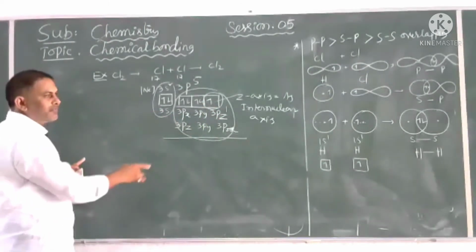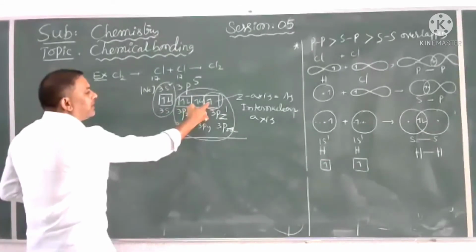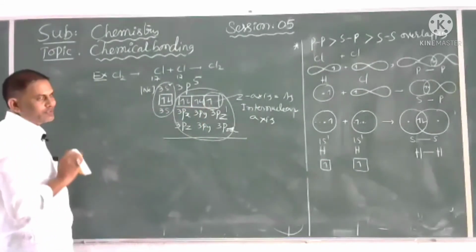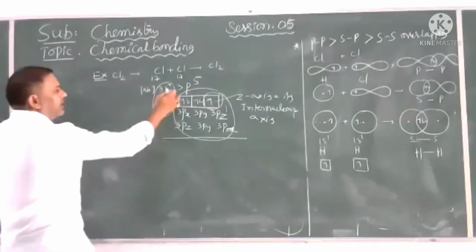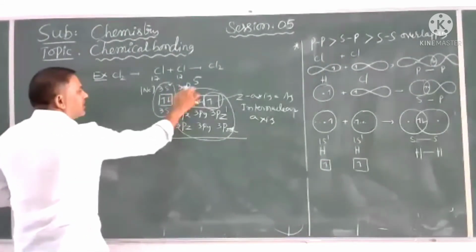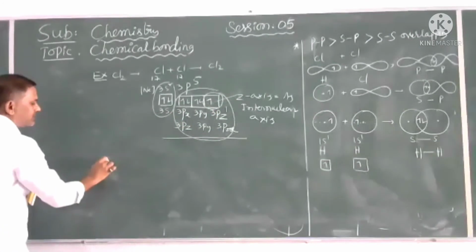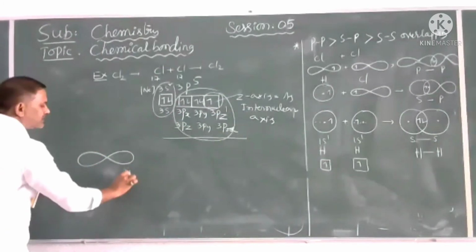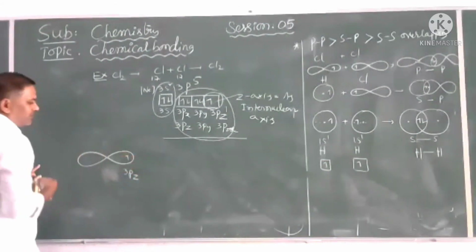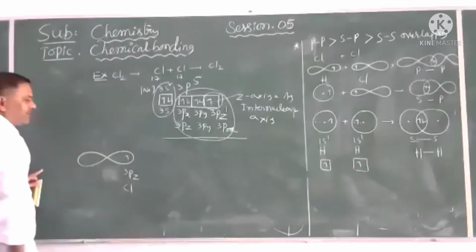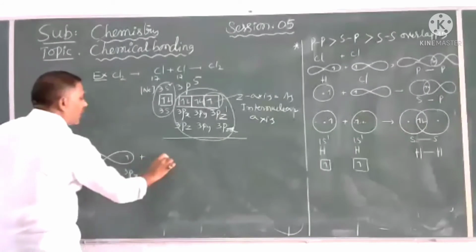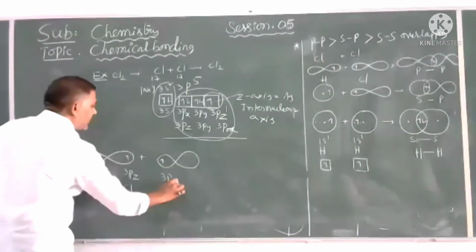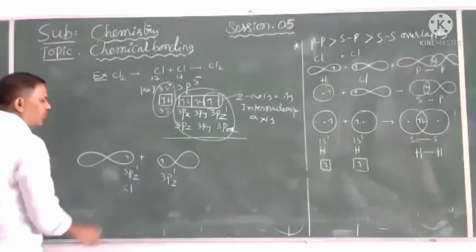According to VB theory, the valence unpaired electrons participate in chemical bonding for overlapping. That's why in the p subshell, the 3pz orbital of one chlorine atom contains 1 electron. Another chlorine is also the same, with 3pz1 there.